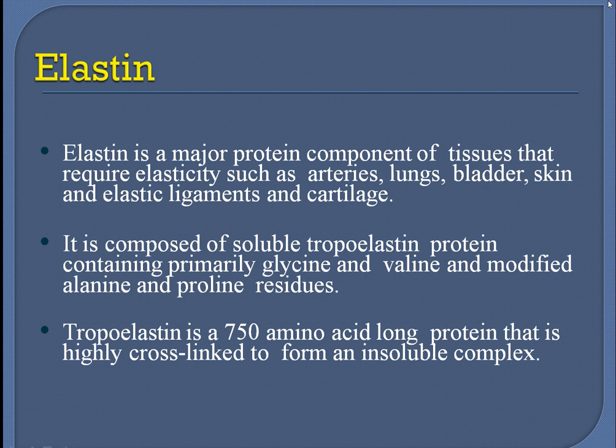It is composed of soluble tropoelastin protein. Mainly it contains glycine and valine and modified alanine and proline residues. Tropoelastin is a 750 amino acid long protein that is highly cross-linked to form an insoluble complex.